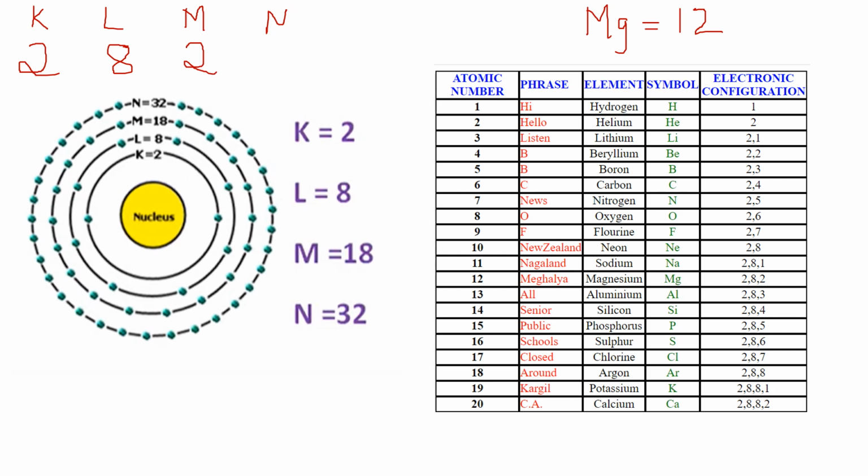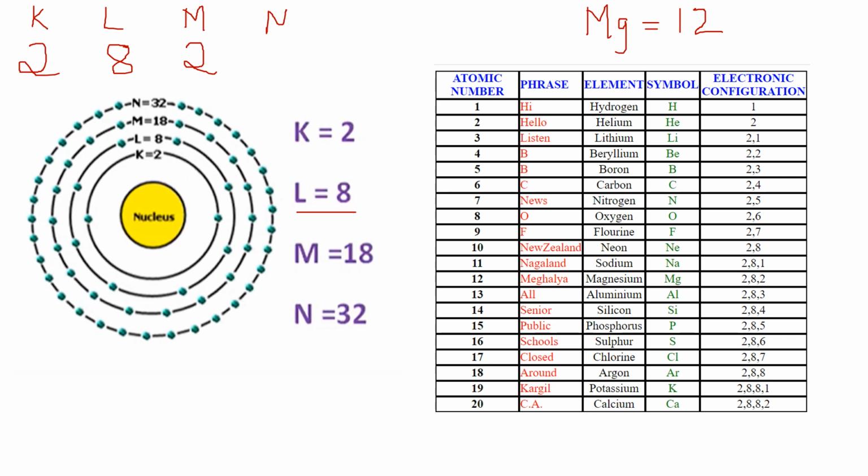Let me explain it once again. How many electrons are present in magnesium? It is 12. I have to start from the K shell, where 2 electrons can be filled. Then in the L shell, 12 minus 2 is 10, but the limit is 8, the maximum number of electrons which can be filled in the L shell.